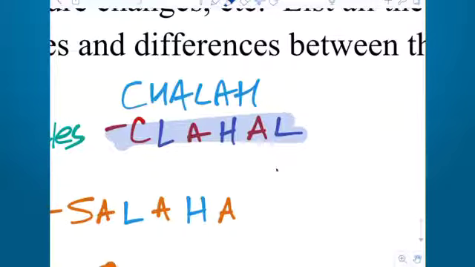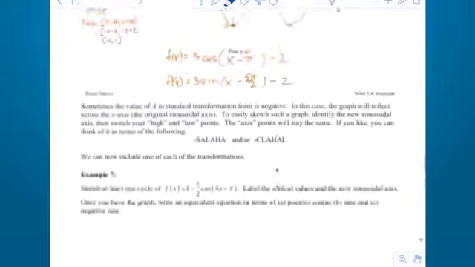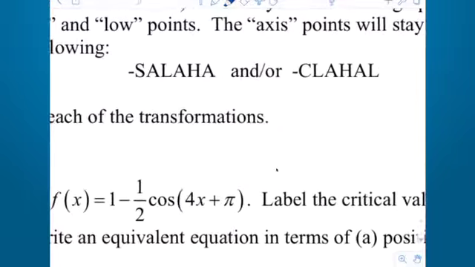Flip. And what happens to the axis A values? Same, because they're already on the x-axis. So you have to flip them before you shift it up or down. But the way we're going to graph it is we're going to shift it up or down first, and then as we graph it, we're just going to remember that the highs and lows interchange.